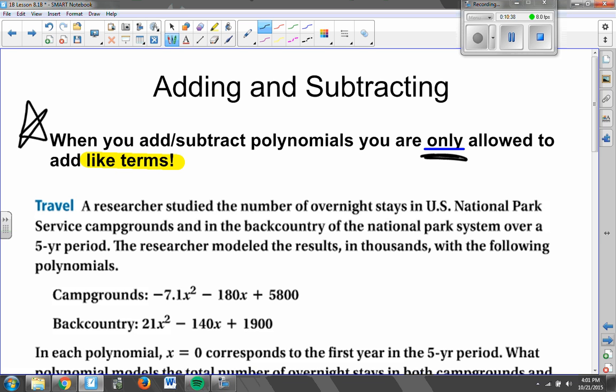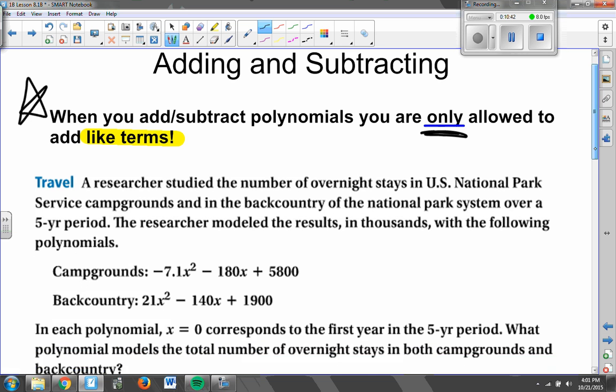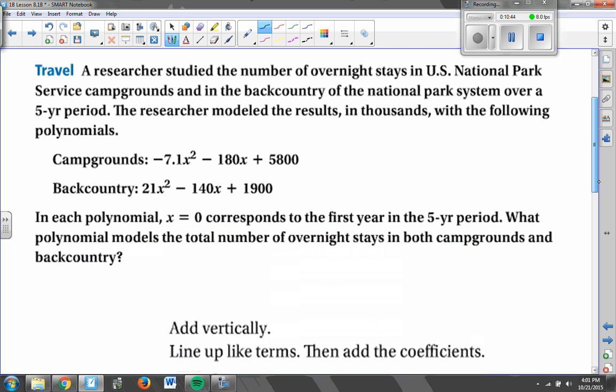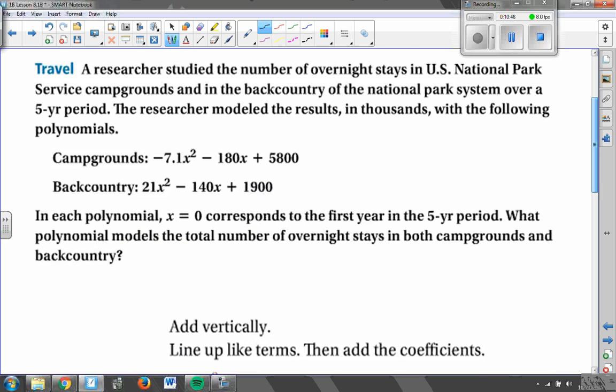Now, here's an example, a word problem example, that is not as complicated as it looks. So let's go through this together, and then we will talk about how we should add these polynomials. This says, a researcher studied the number of overnight stays in U.S. National Park Service campgrounds and in the backcountry of the National Park System over a 5-year period.